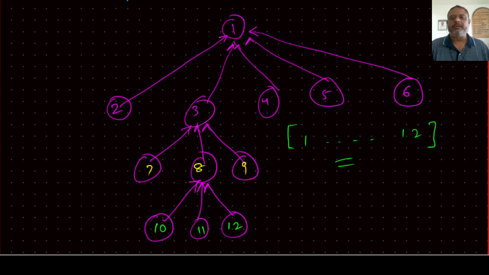We are interested in working this way because once we get an idea about your searching pattern, that you look for 1, then we found so many, and in that you found 3 more interesting, so you pressed on 3, then 7, 8, 9 came out, and then in that you found 8 interesting, so 10, 11, 12 emerged. If you had pressed 5, some other things would have come.